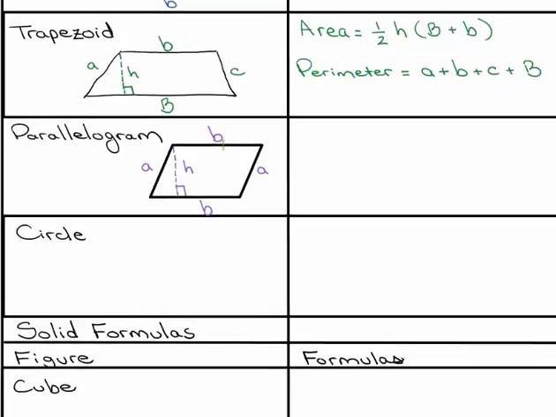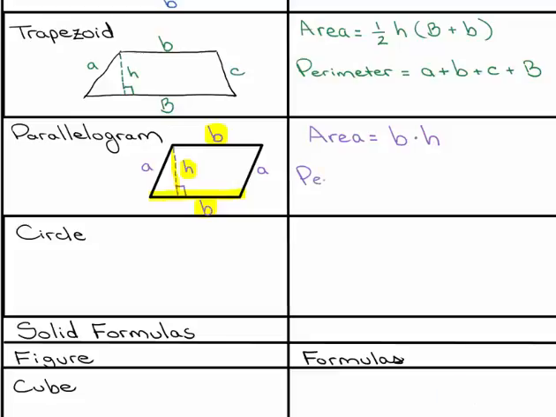Please take note, I use B, B here on the parallelogram, and its base has always got to be perpendicular to the height. Okay, so my formula here for area is going to just be base times height.